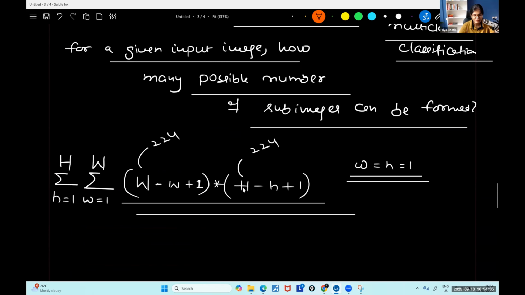Perfect. Now, if it is clear, what we have understood so far in the pipeline is that we will have an input image.